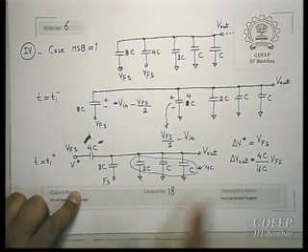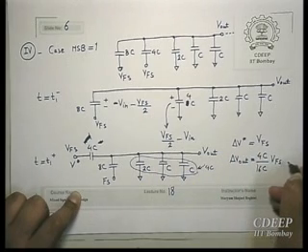Delta V star is V full scale. This is delta V out, so it is V full scale by 4.